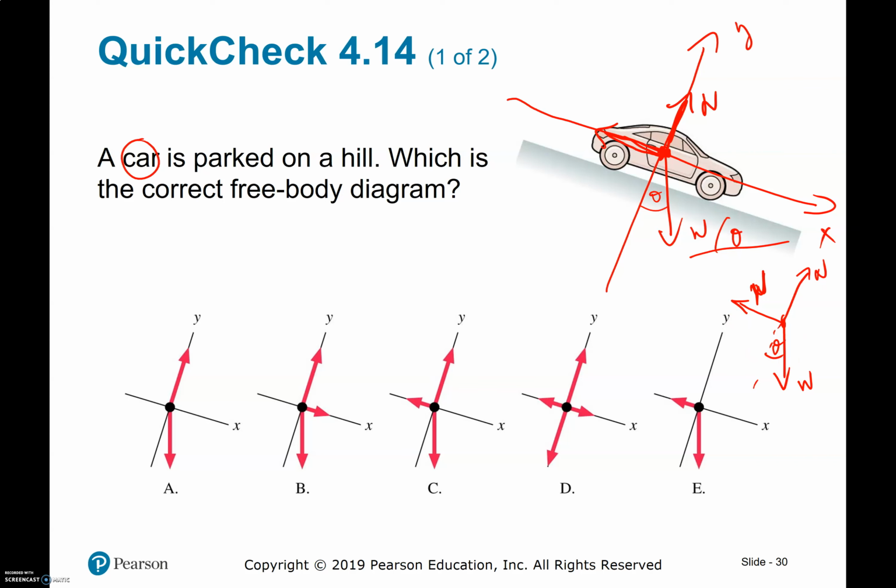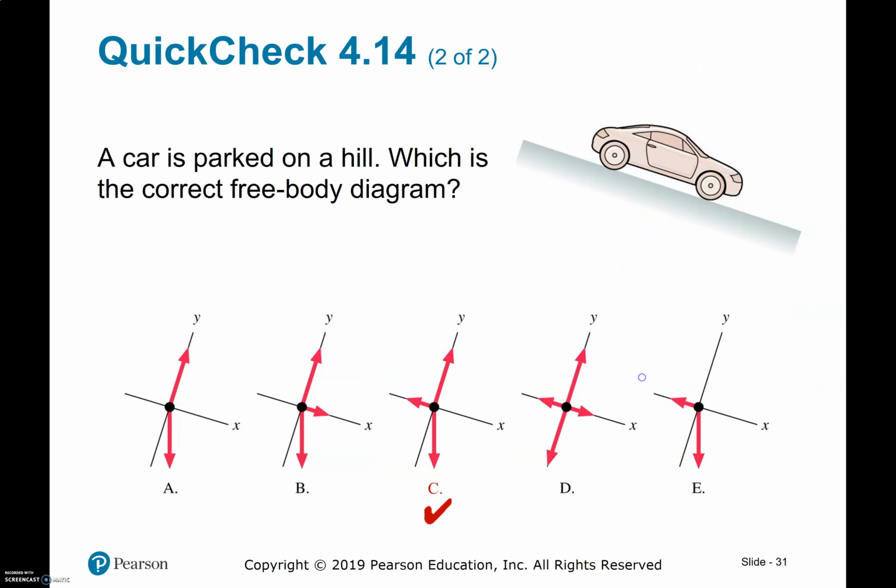So remember, draw a coordinate system, draw all the forces with labels, and draw all the angles that appear in your free body diagram. As you can see, this would be the appropriate coordinate system and free body diagram.